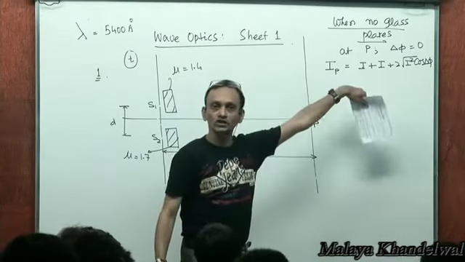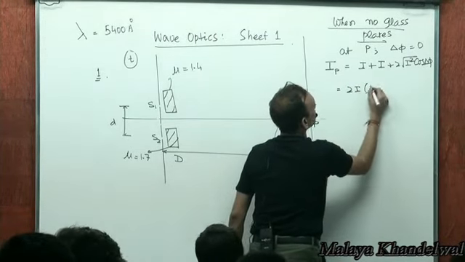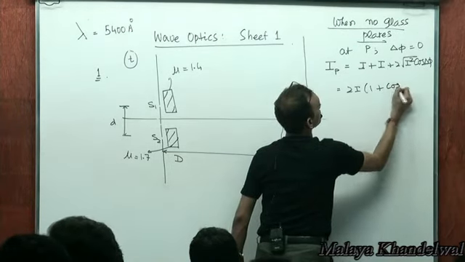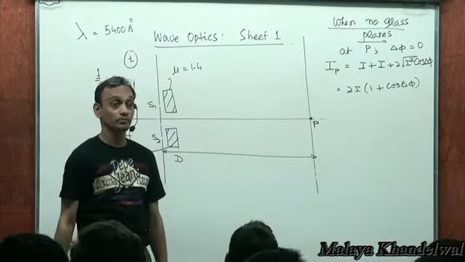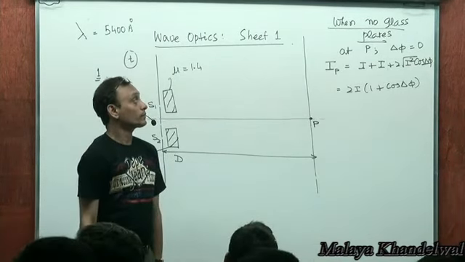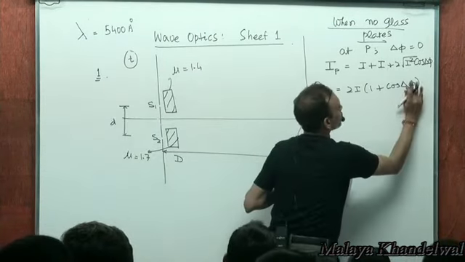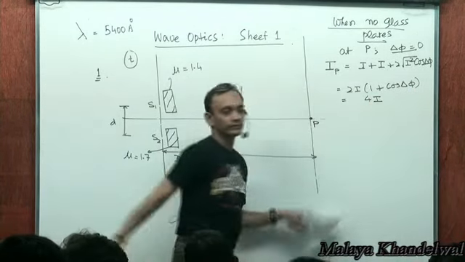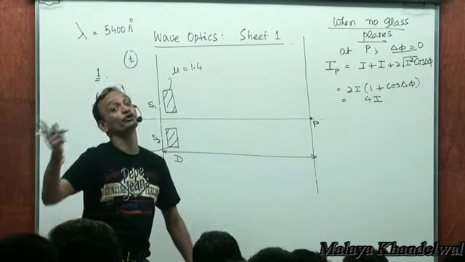That is like 2I into 1 plus cos delta phi would have been the intensity at P, right? Before the glass plates were introduced. Now, where cos delta phi is 1, this would have been 4I. This would have been 4I, because cos delta phi would have been 1 for delta phi equal to 0 at P before introduction of the glass plates.